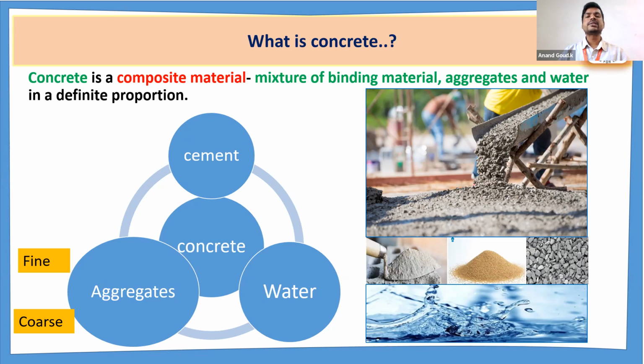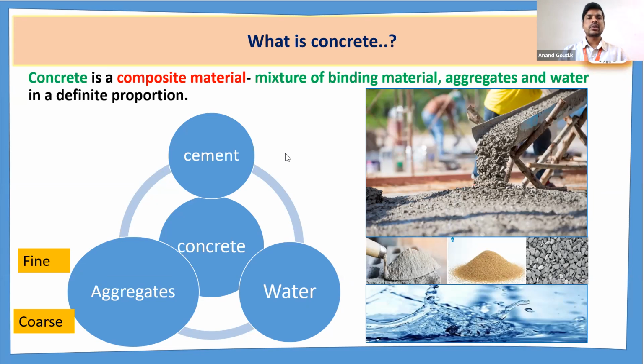Why are we calling it a composite material? For manufacturing of this concrete, we are using cement, water, and aggregates. We are using 3 different materials to get one product. That is why we are calling concrete a composite material.